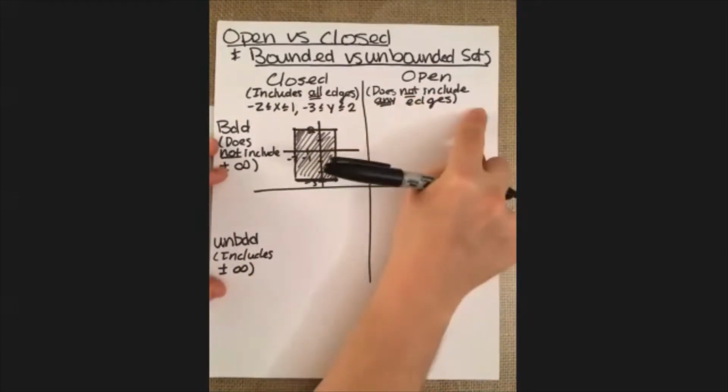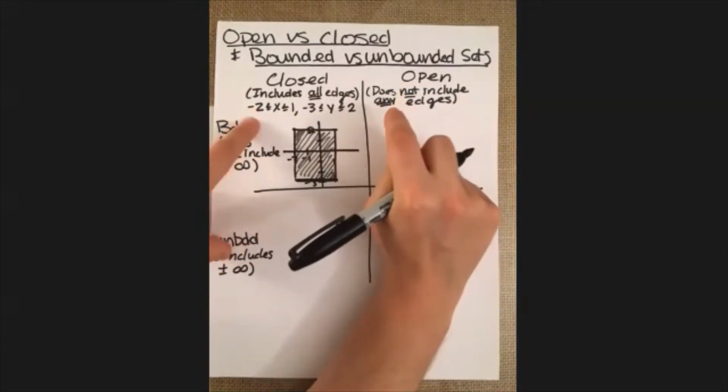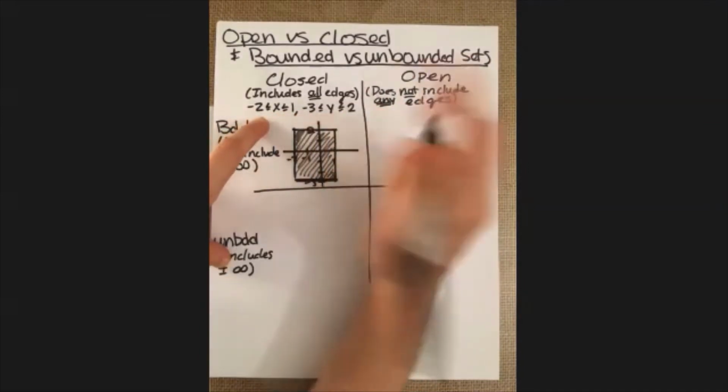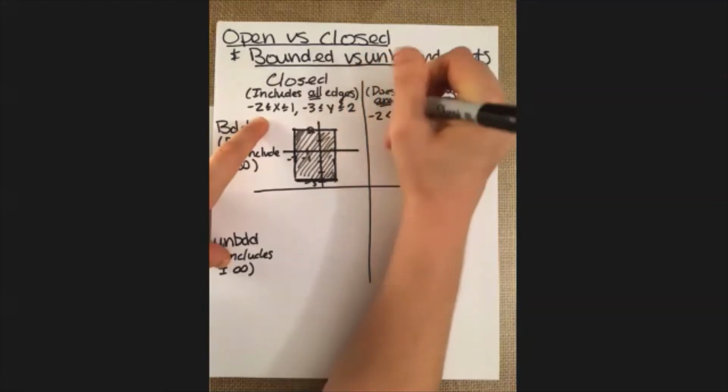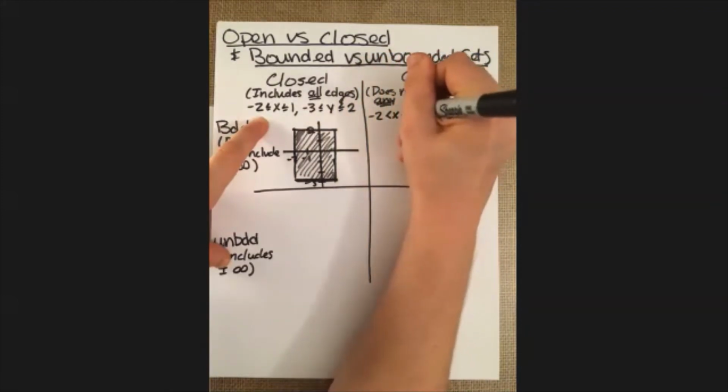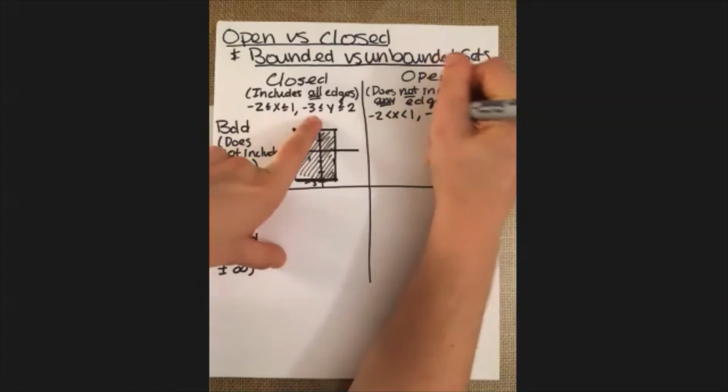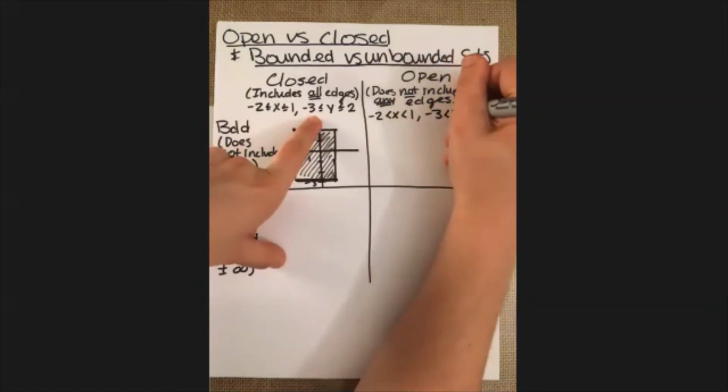We can have a similar example for it being open, except instead of having equal signs on the inequalities, we'll just do strict inequalities. So we can have -2 < x < 1, and we'd have -3 < y < 2.